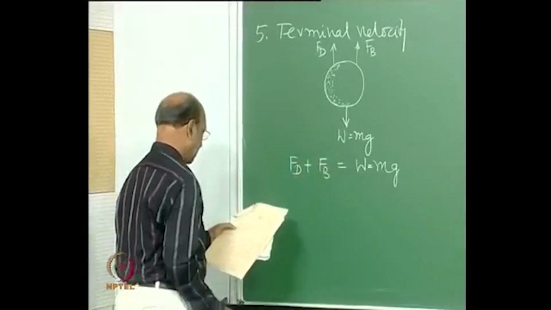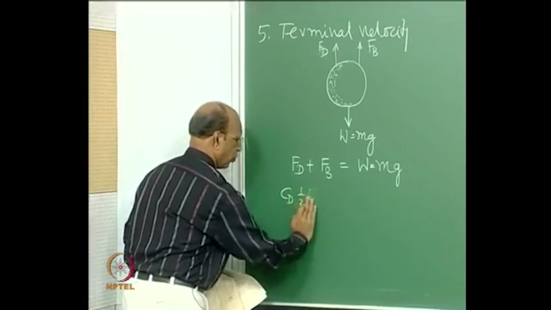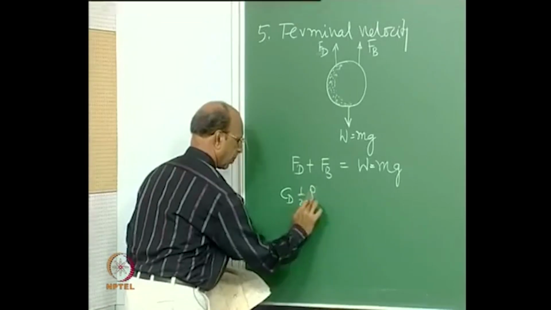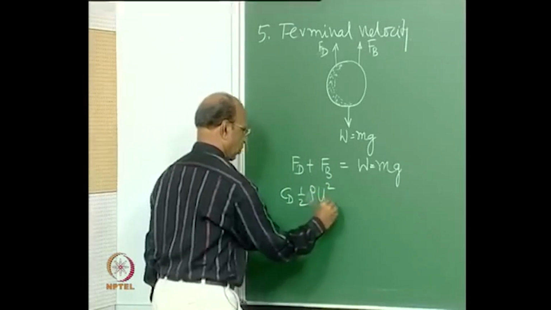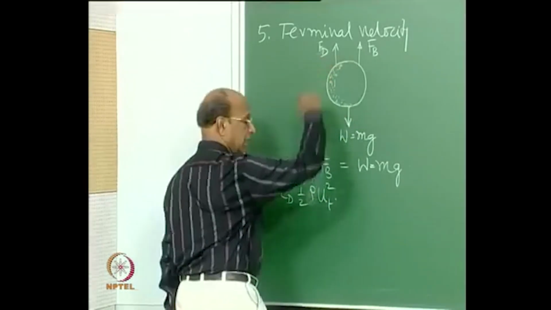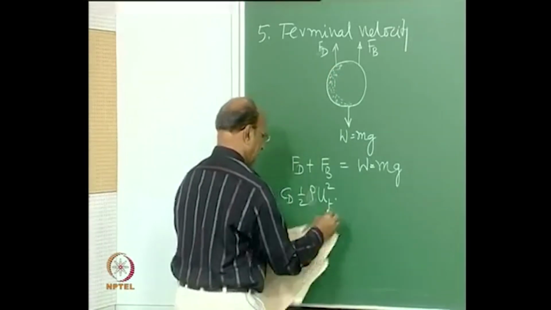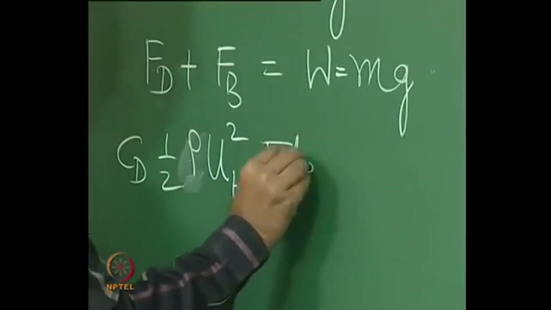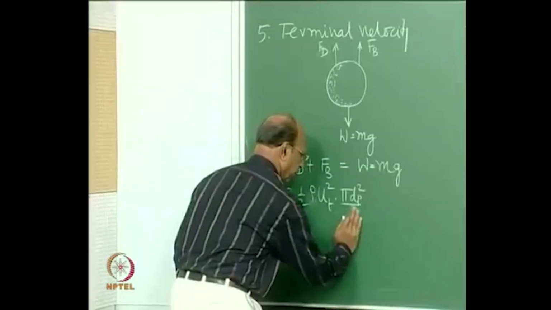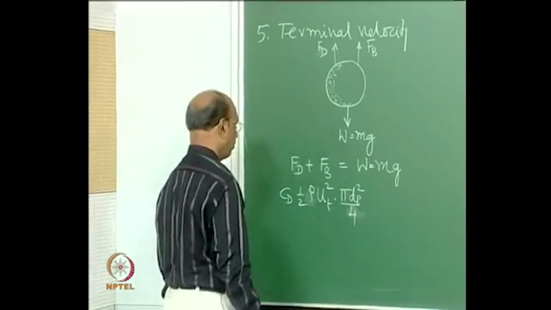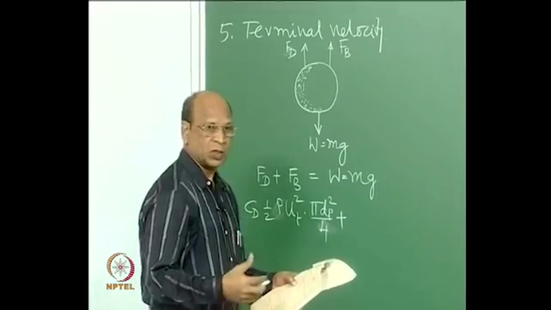And then of course, the kinetic energy. So, if I write that, you will have Cd times half rho ut square into the projected area. The projected area is a circular area, because it is a spherical particle, so I can write this as pi dp square by 4, plus buoyancy, which is the fluid displaced.